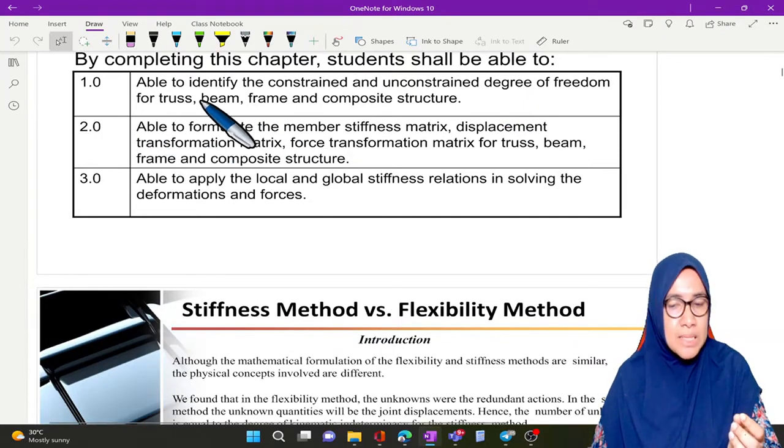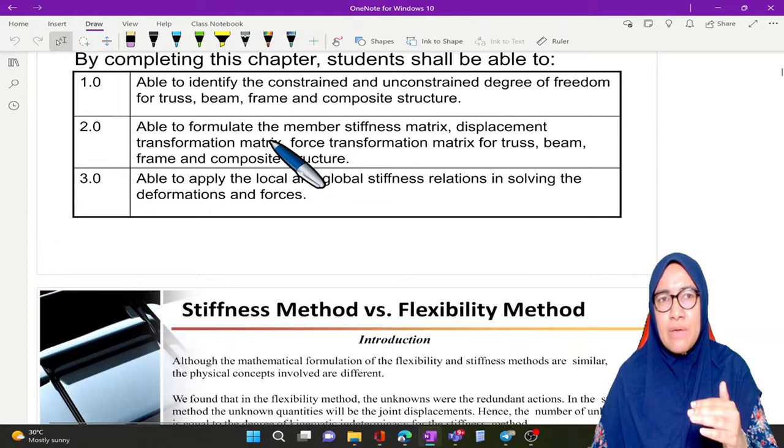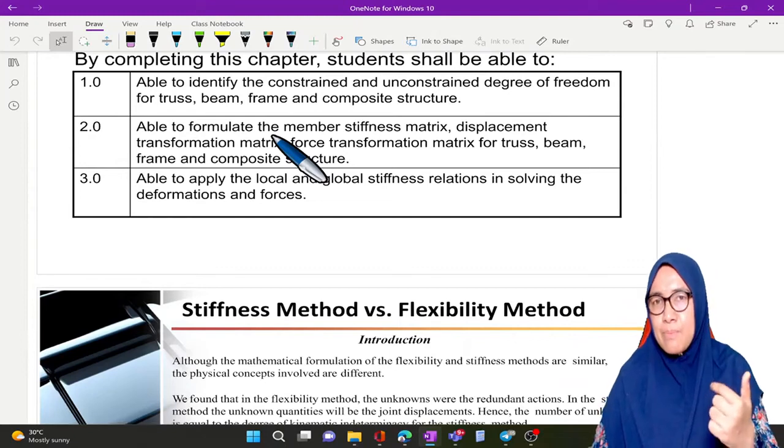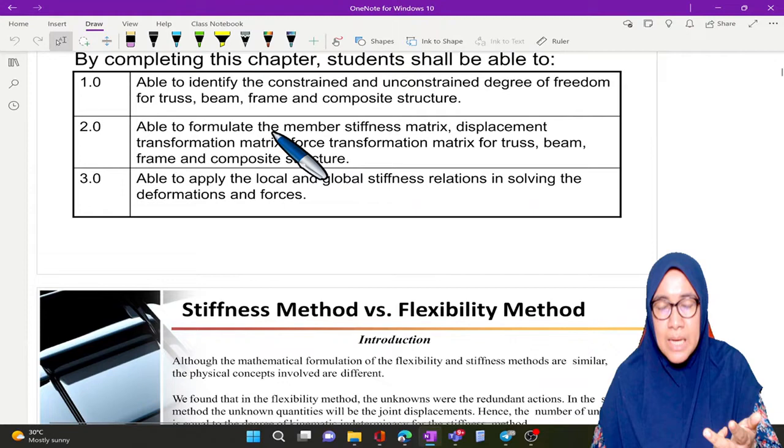If we follow the textbook, it starts with truss, followed by beam, followed by frame.